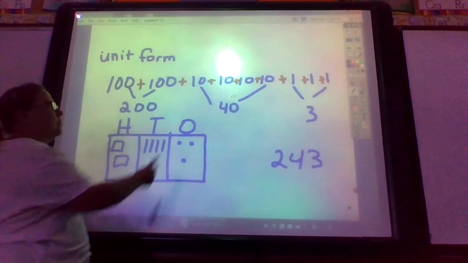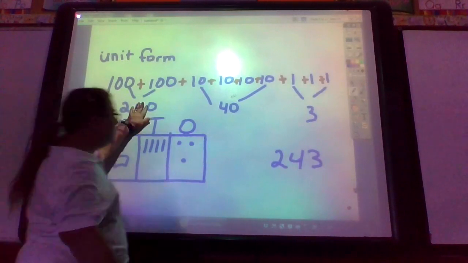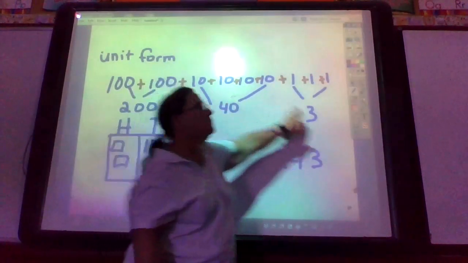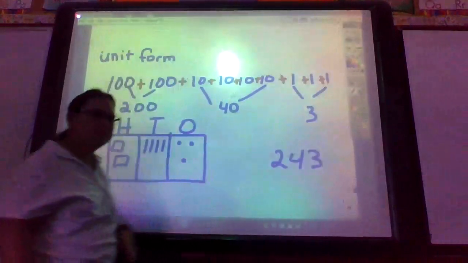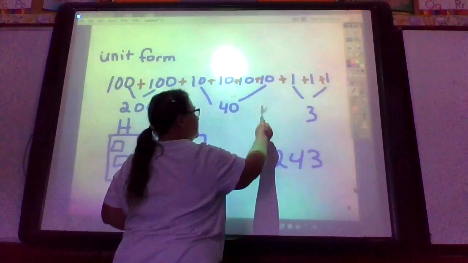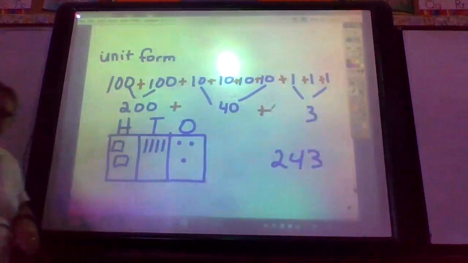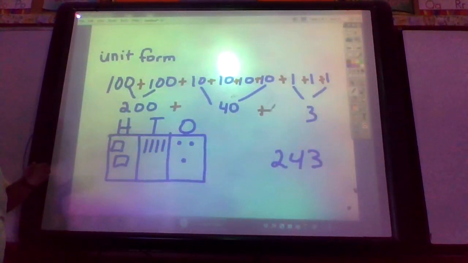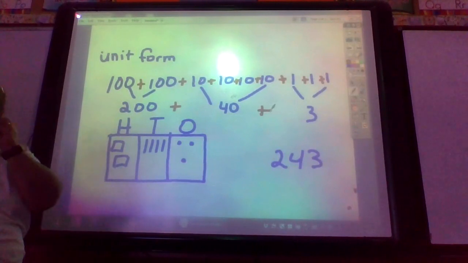Now I can go back and really what I'm going to do, I got 243. All I'm doing is adding these together. 200 plus 40 plus 3. Okay? I've added them together.